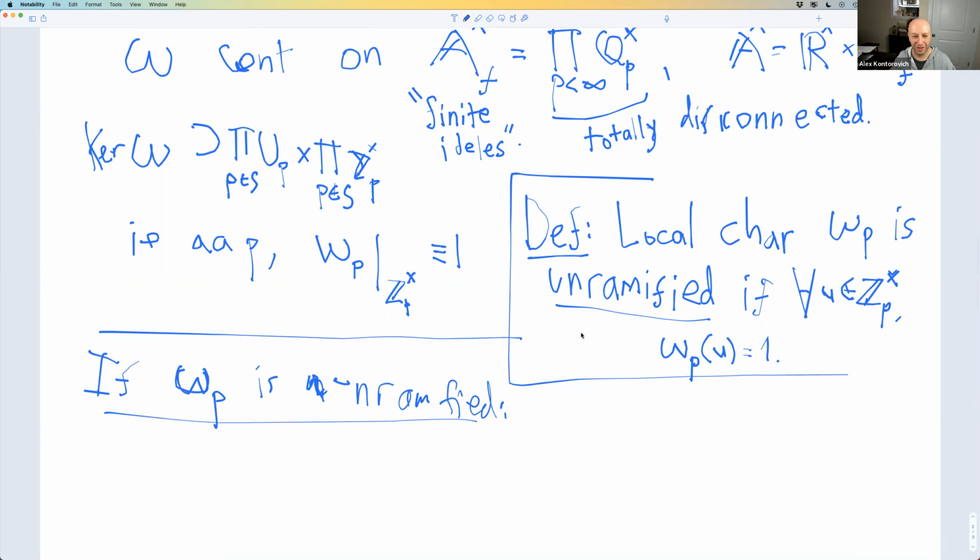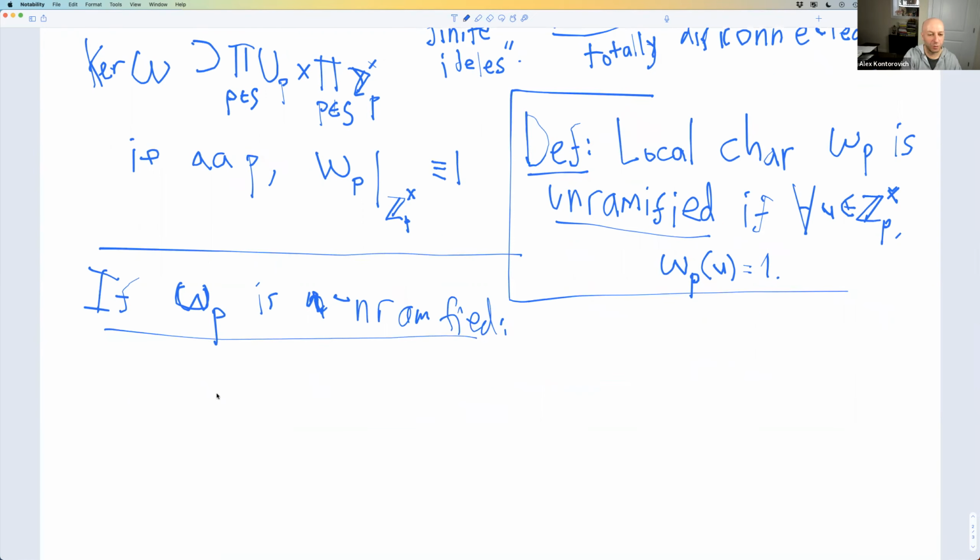Yeah. Okay, if it's unramified, then what do we know about omega of any number? If g_p is in Q_p cross, what is Q_p cross? It's been a minute since we've done this stuff. Hopefully you remember it.